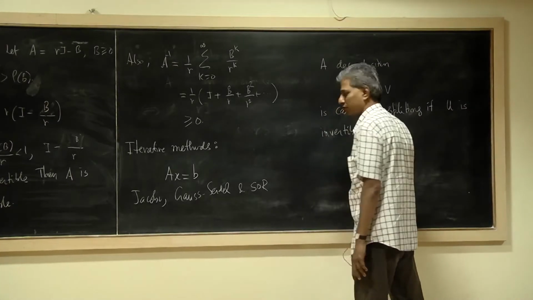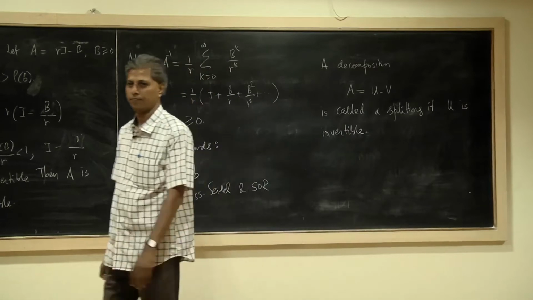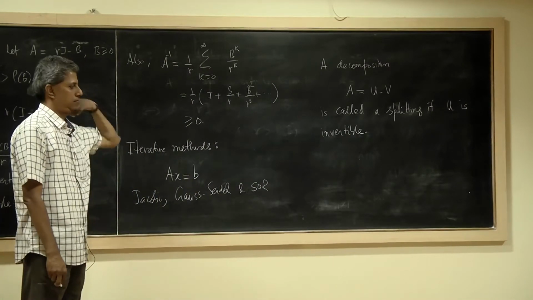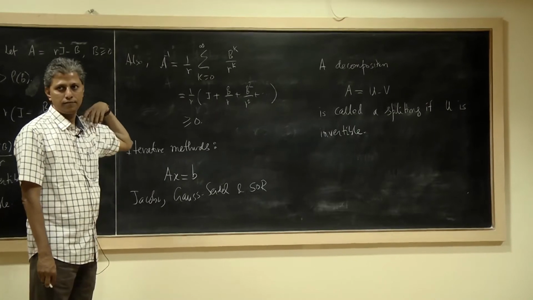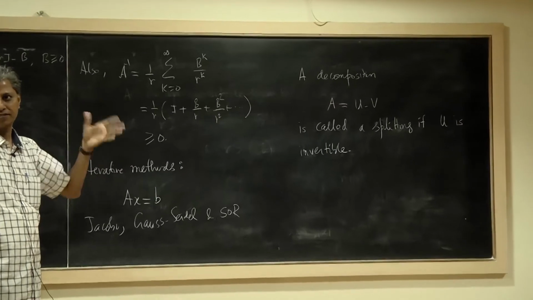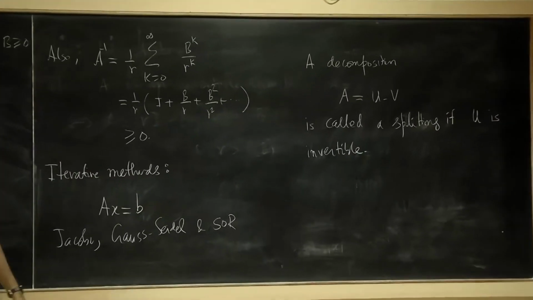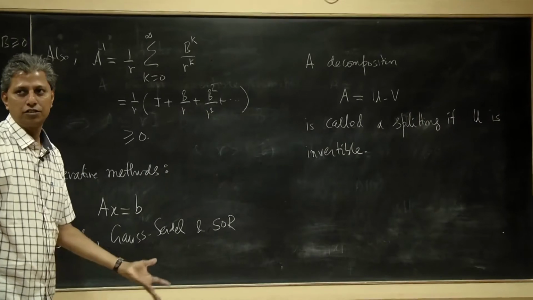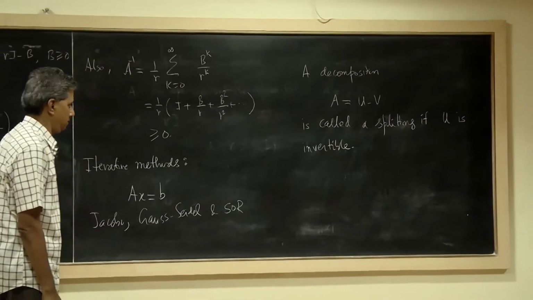If the first term is invertible, that's all. Such a representation is called a splitting. An invertible M-matrix has a splitting: RI minus B. The first term, R, is positive, and so the first term is invertible.